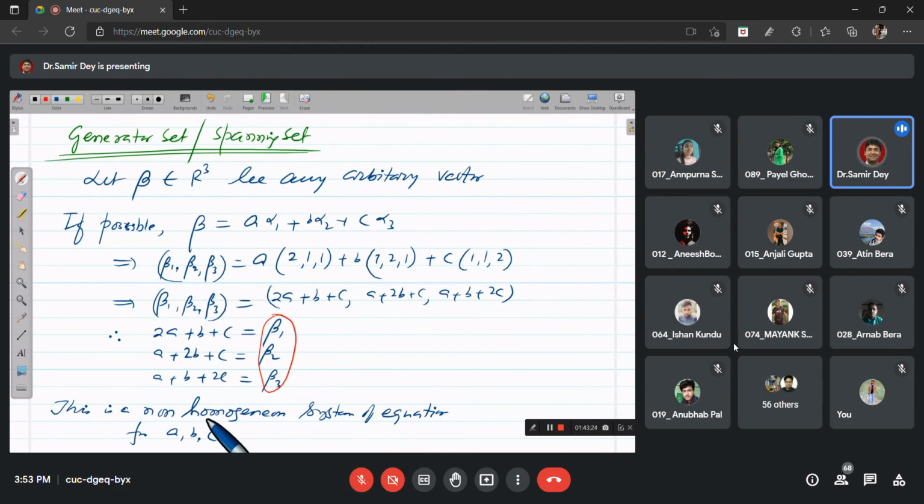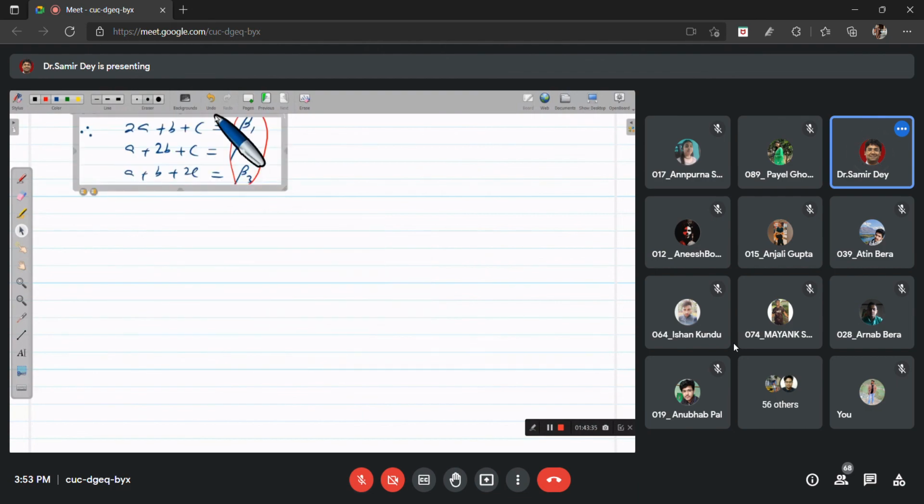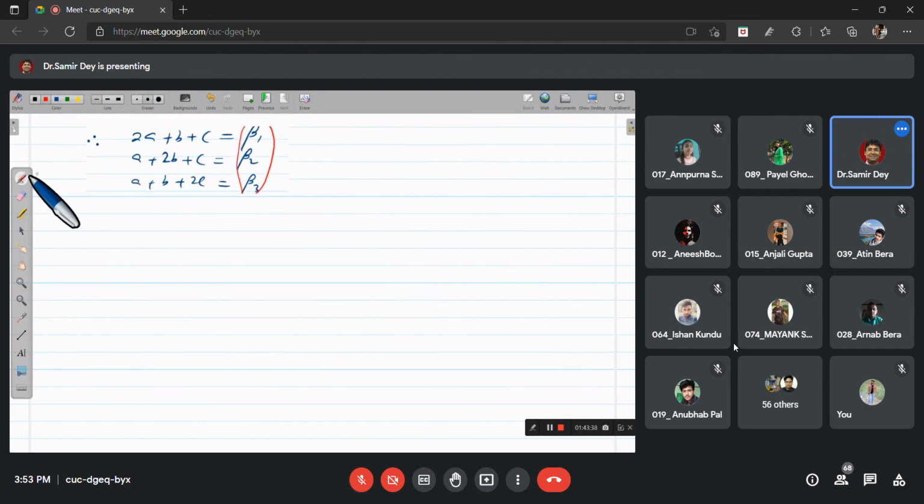So now you tell me what is the determinant of it. Listen carefully. Del is equal to the determinant of 2, 1, 1, 1, 2, 1, 1, 1, 2. What is the value? 4 minus 1 minus 2 minus 1 plus 1, 1 minus 2.